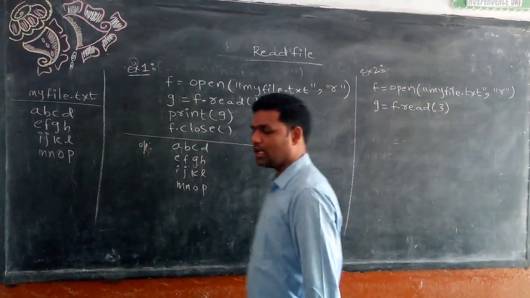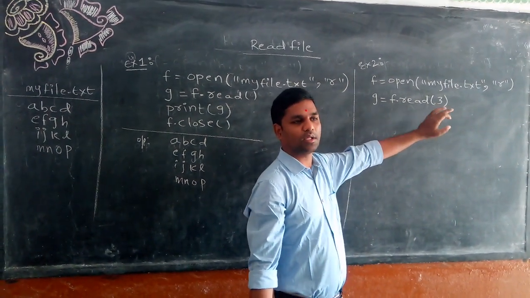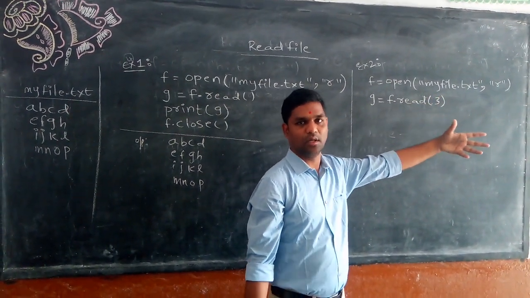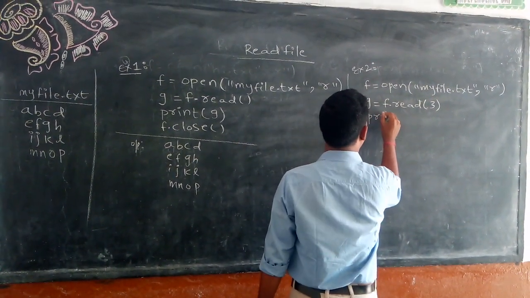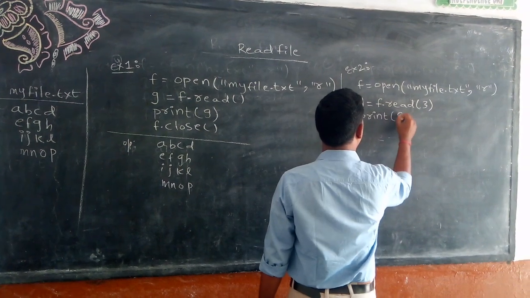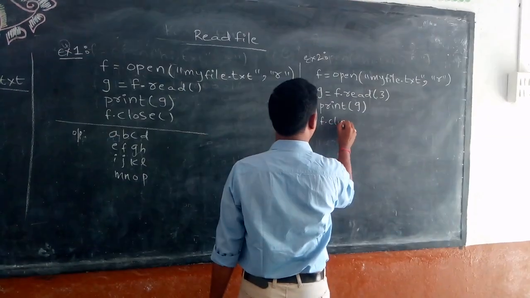What does it mean here? 3 means it will read only 3 bytes, that means 3 characters, since 1 character is equivalent to 1 byte. I say print g, and I say f dot close.